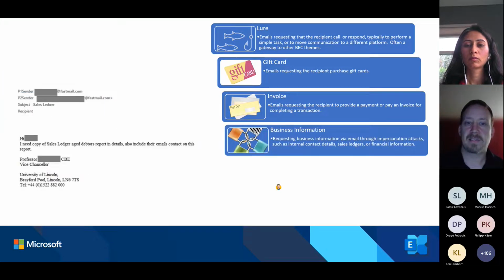The next category that we track is business information gathering. This one is slightly different, and usually they're trying to collect some information about a company, maybe trying to harvest additional folks that they can target, trying to find additional email addresses inside the company, for example, maybe in a specific business unit where they might be more successful.